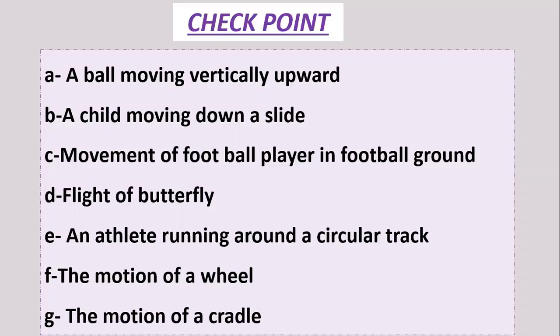Flight of a butterfly, random motion. An athlete running around a circular track, circular motion. The motion of a wheel, already discussed in the lecture, is rotatory motion because it will be moving around its axis. And vibratory motion, the motion of a cradle.